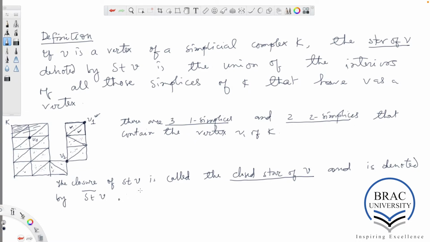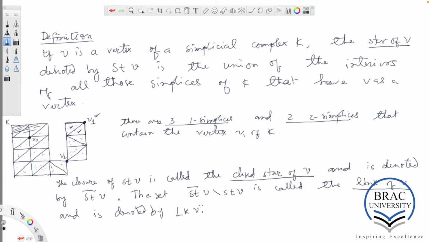Then you take the difference between these two sets. The set closed star of v minus the star of v is called the link of v, and is denoted by Lk v.